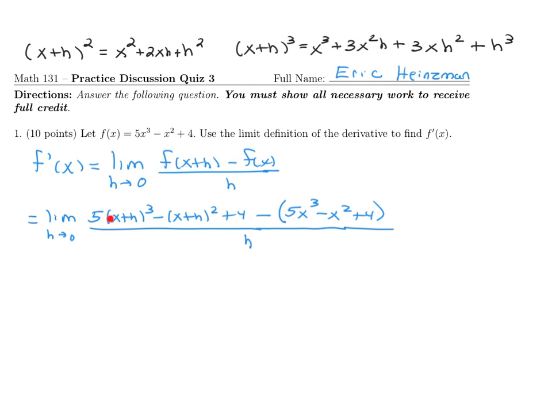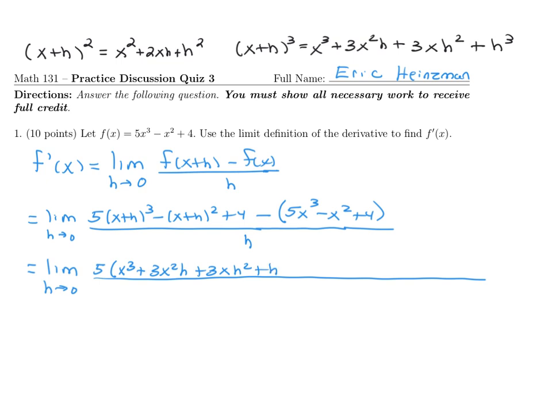Okay, next I'm going to expand this and this expression by using these identities up here. I'll also distribute the negative to all 3 terms from here. So the next line is, this is the limit as h goes to 0 of, it's going to be quite a long line, but we have 5 times, okay, x plus h cubed is x cubed plus 3x squared h plus 3xh squared plus h cubed.